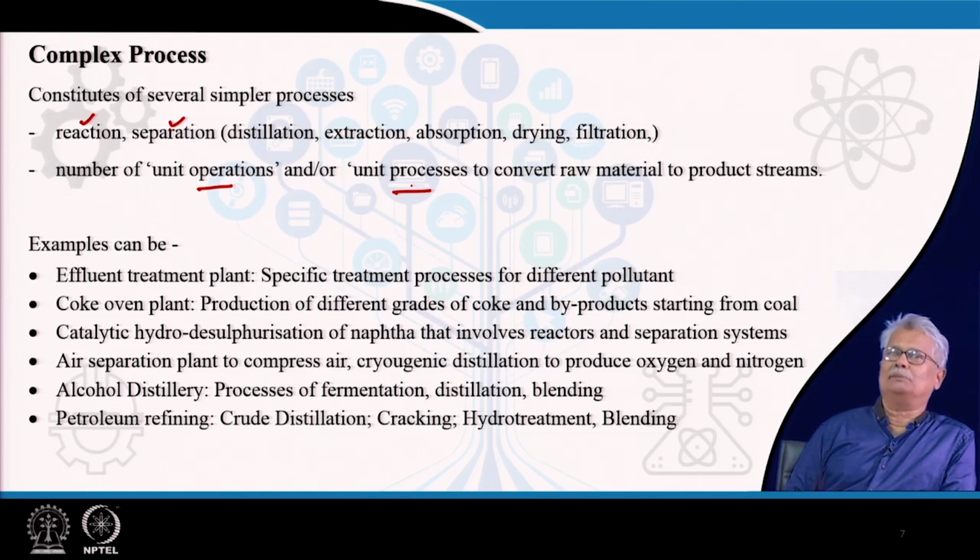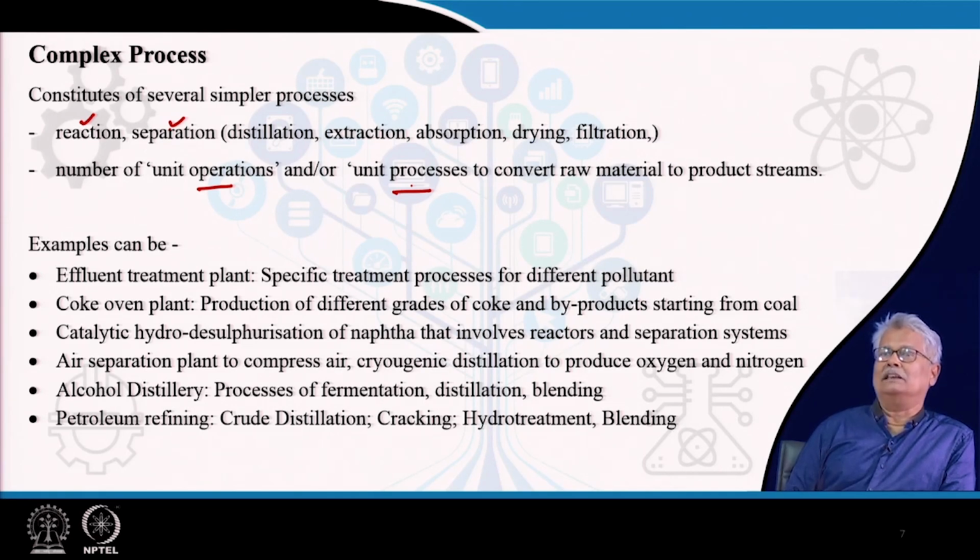If you look at a coke oven plant, the plant is for mainly production of different grades of coke, and it also produces byproducts starting from coal. So, it is not just the process where you have the coke oven itself. There is a lot of other equipment and other processes which are associated.